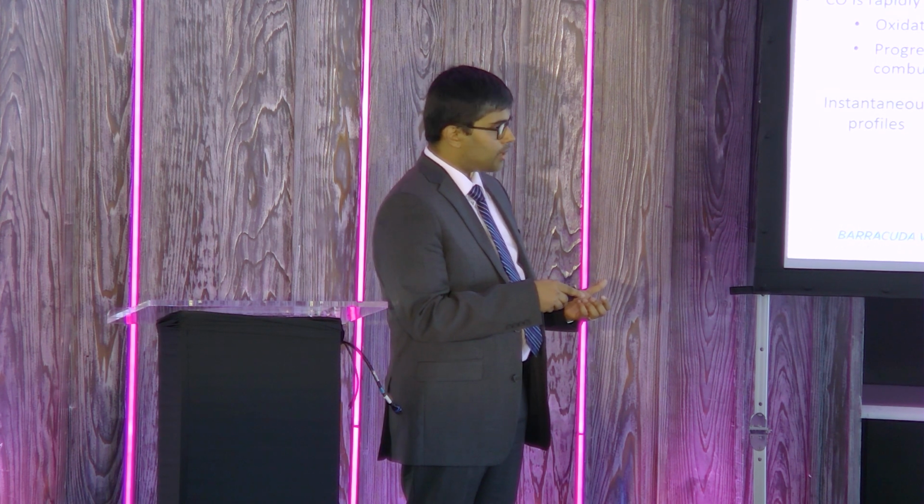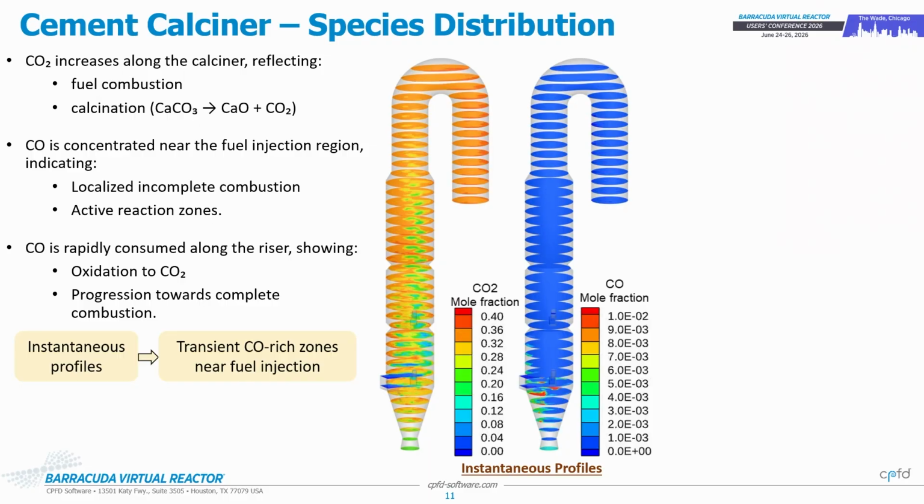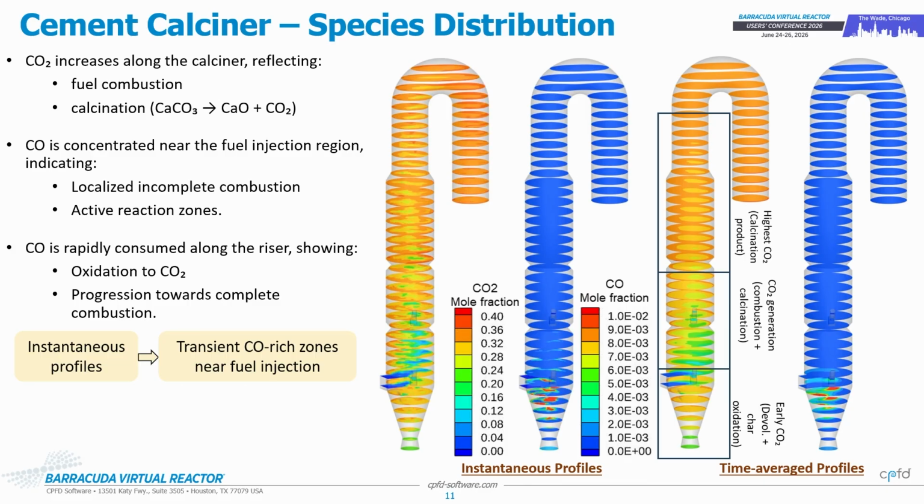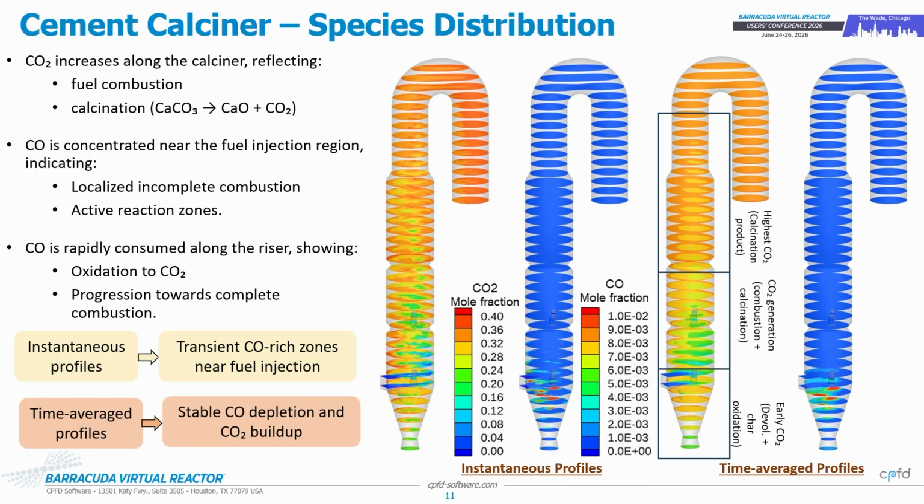It gets diluted with the tertiary air, but then it keeps on increasing because of the combustion reactions, but there's also the calcination reaction, which is producing a lot of CO2. And then the time average profiles are consistent here. It shows a stable CO depletion and the stable CO2 buildup across the elevation of the calciner.